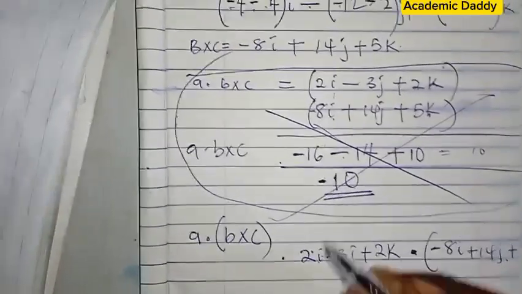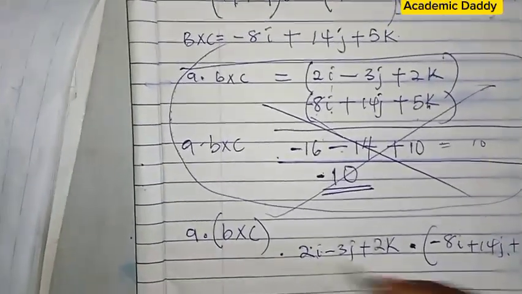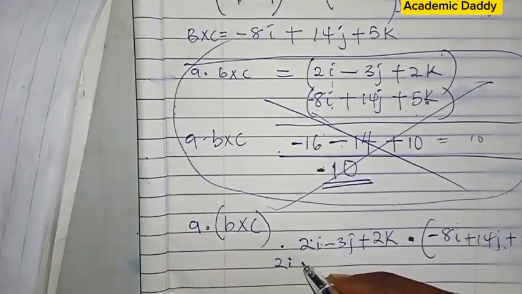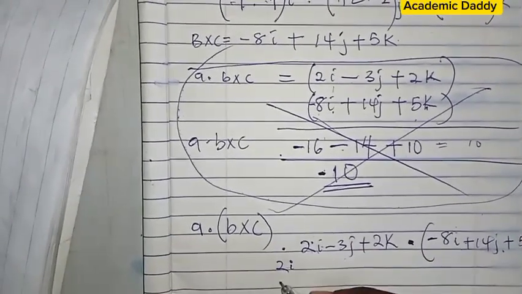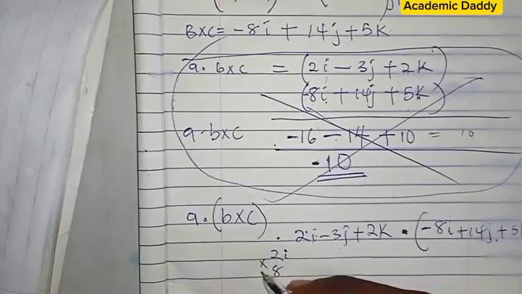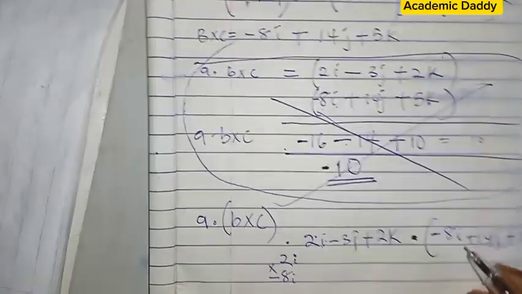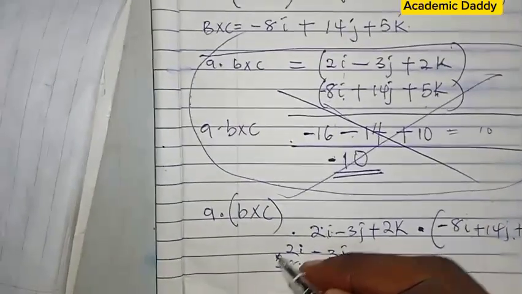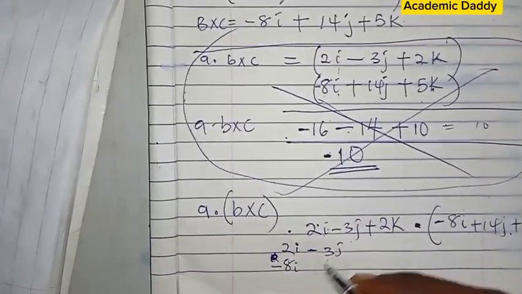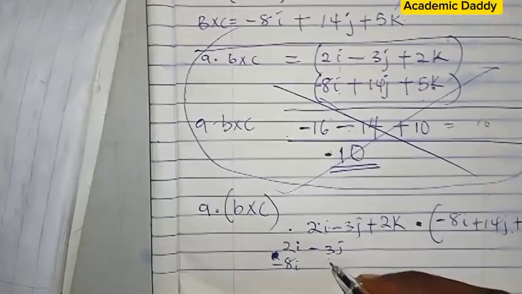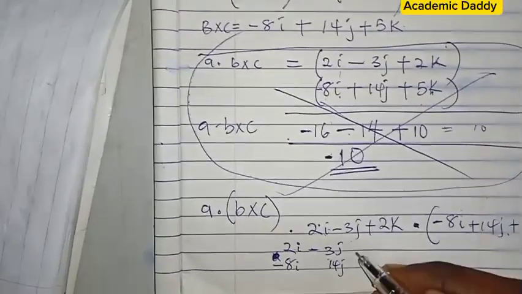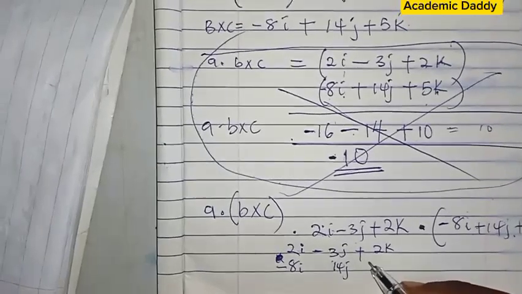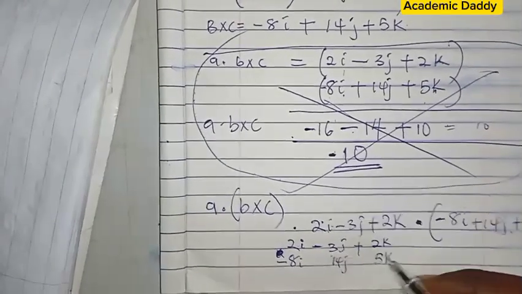So this time around, we'll just do 2i times minus 8i, then minus 3j dot 14j, then plus 2k dot 5k.